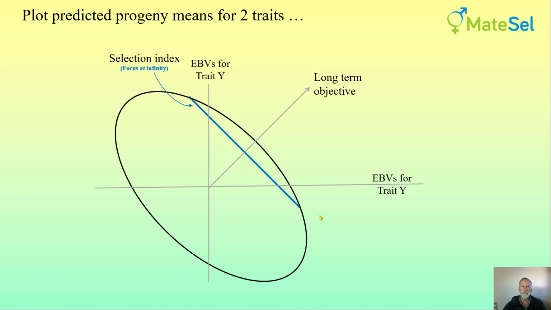But that should make little difference because the pattern of mate allocation is not going to matter, at least for the selection index. So this line here defines the selection index. We're essentially going to be selecting individuals or mating pairs to the top right, and it's as if it were focused on infinity out here. That's why it's a straight line when we want to move in that direction.